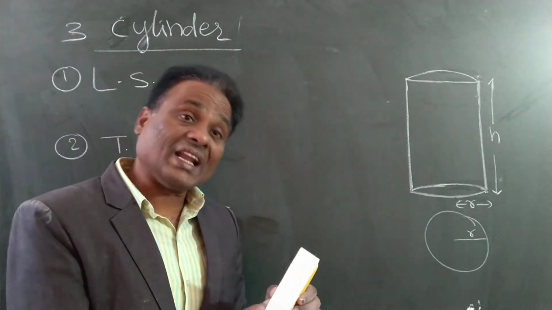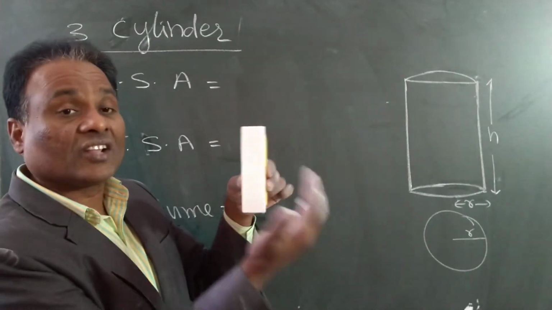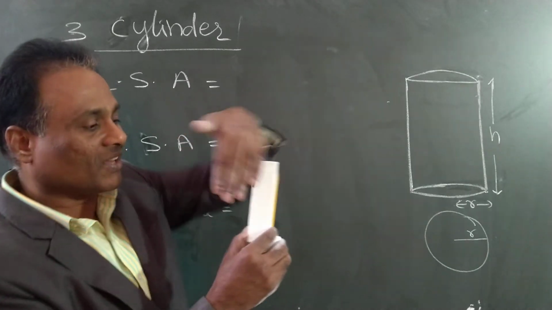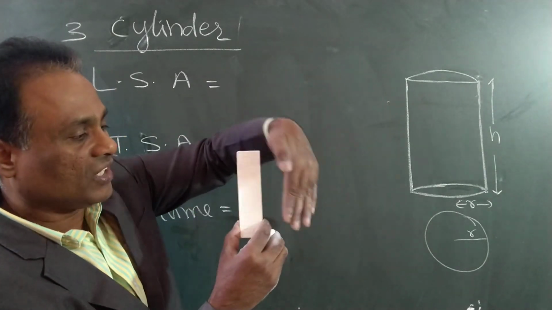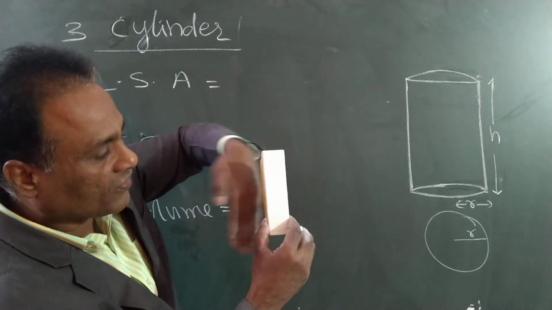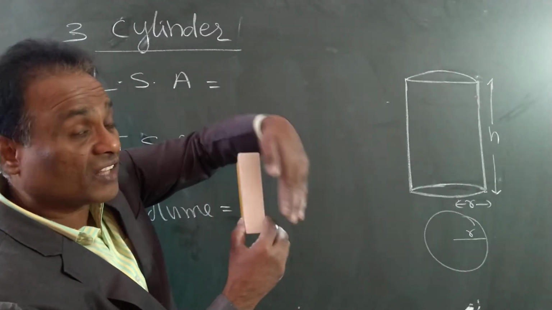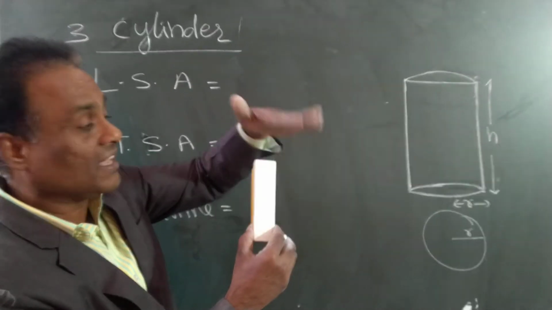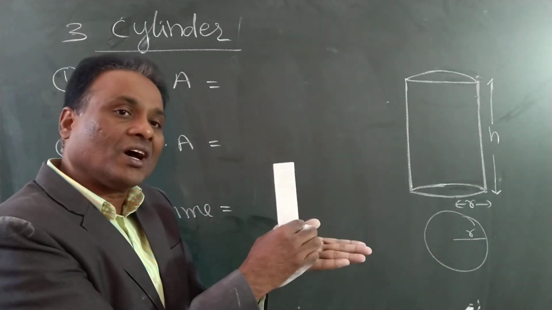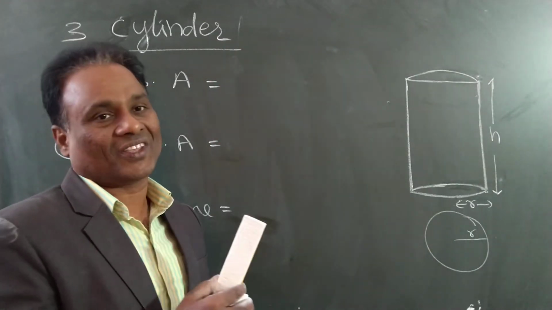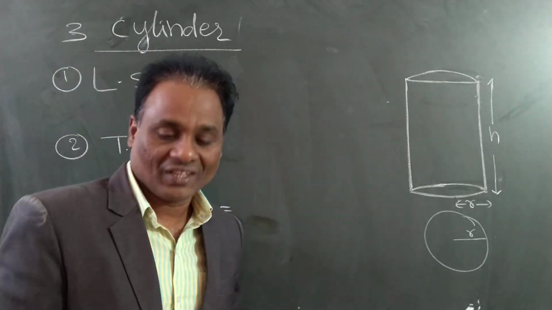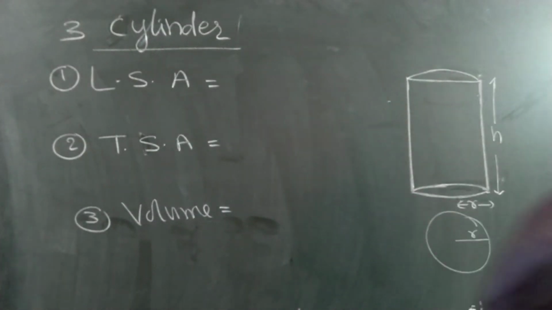For the cylinder, the lateral surface is also called curved surface because it is in the form of a curve. So all the way round, this is called lateral surface or curved surface area. If you add the top and bottom also, then it becomes total surface. So this is the difference between total surface and lateral surface.